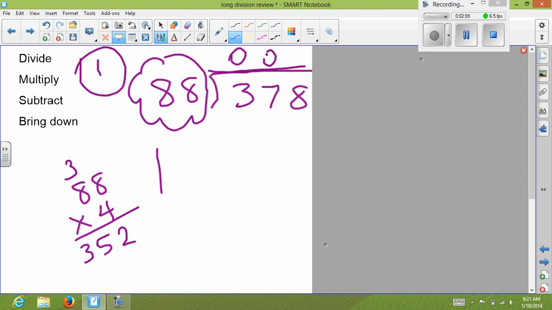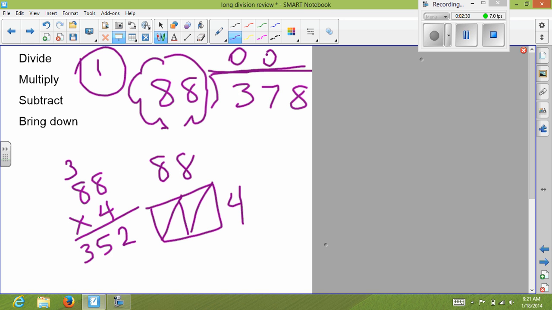If you don't like to multiply that way, of course you can put it in a box and put your 88 here and your 4 here, and 4 times 8 is 32, 4 times 8 is 32, and then add diagonally. So I have a 2, and then a 3 and a 2, which are 5, and then the 3. So both ways will get you the 352.